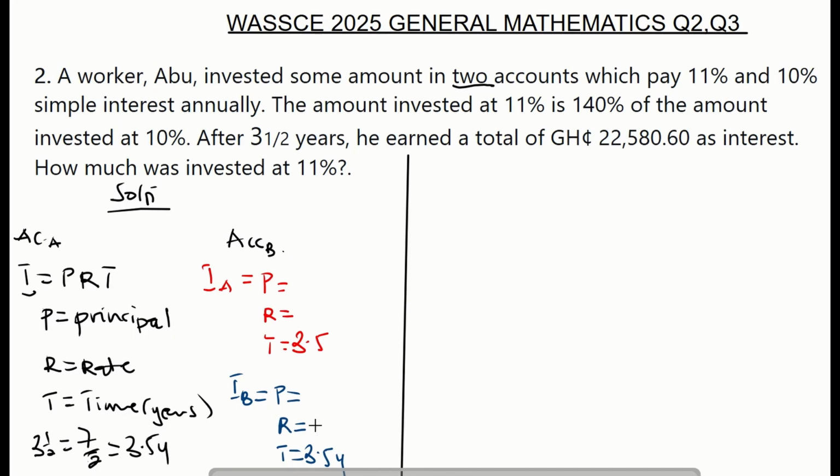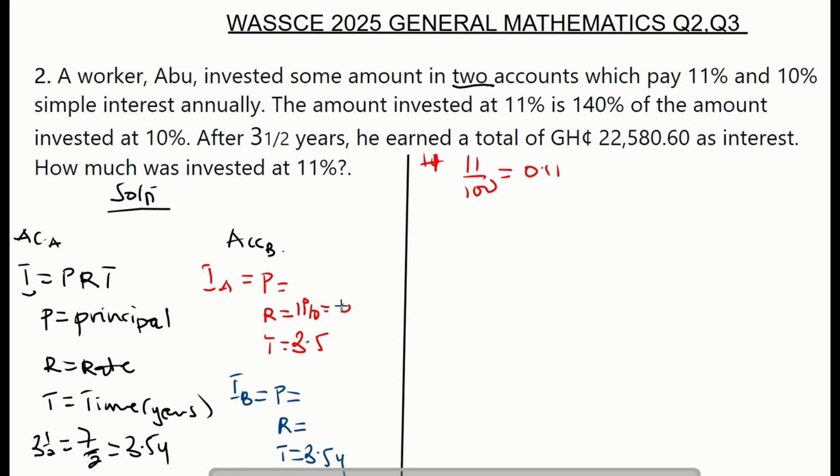Alright, so let's look at the rate. What differs the accounts is the rate. The first one pays an annual interest rate of 11%, which is 11/100, equal to 0.11.